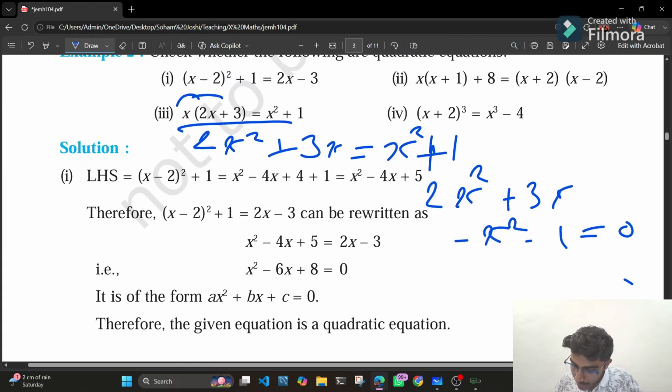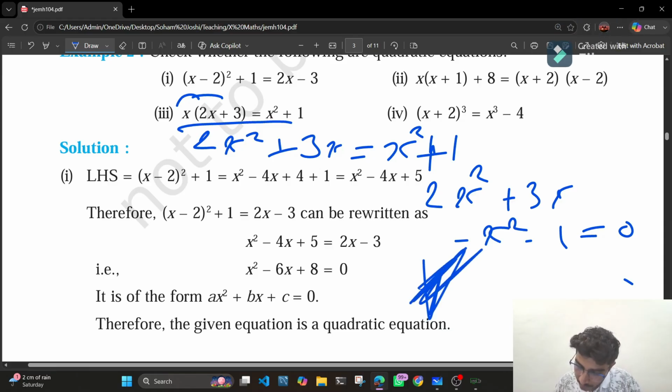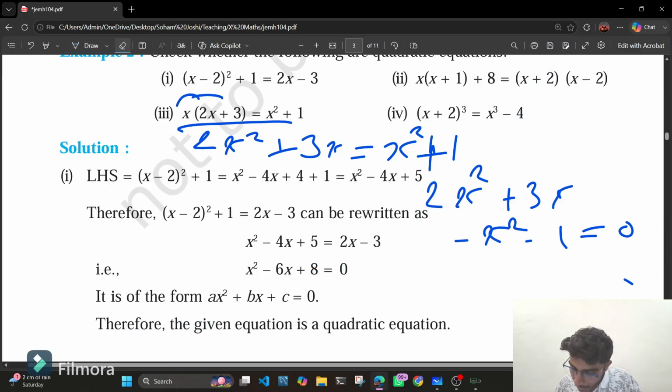So that is equal to 2x square minus x square, we get x square. We get x square plus 3x minus 1.